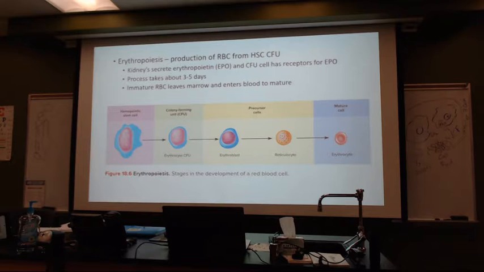Now here's what happens for us to produce the red blood cell. Eryth, meaning the red, okay? So giving rise to that, just that only, for the red blood cell, is termed erythropoiesis.